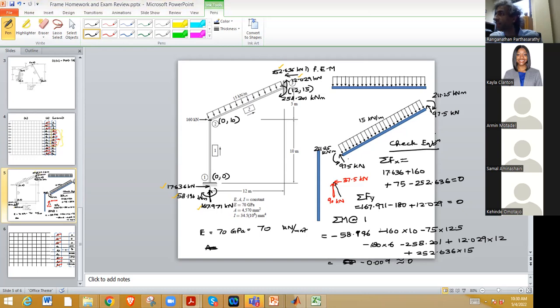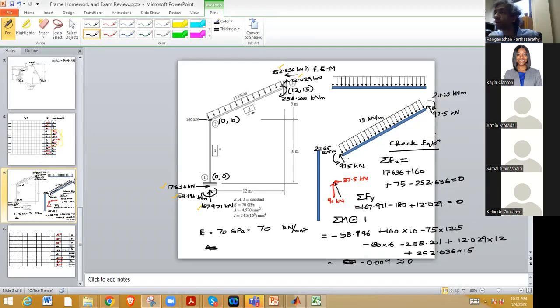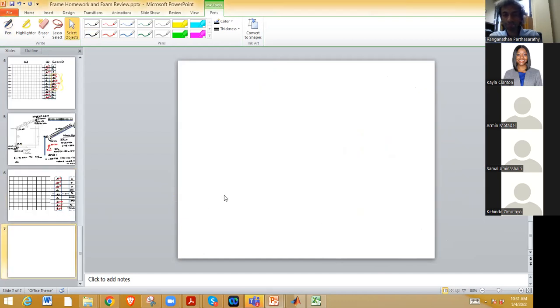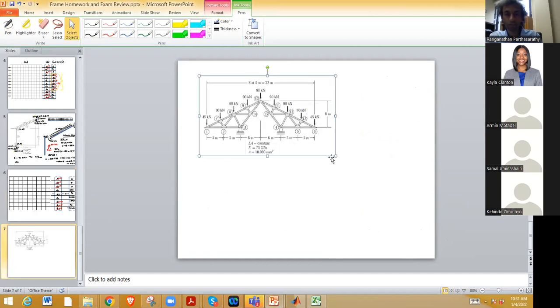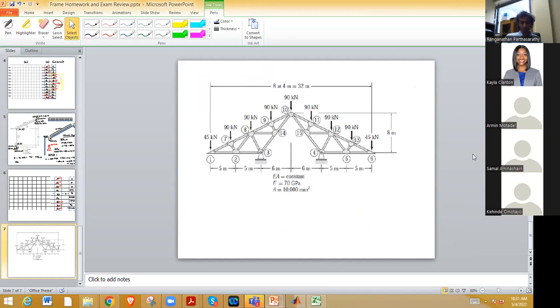As Kyla mentioned, the truss, maybe you have some issues, so let's do that one. Now, let's open the truss code.